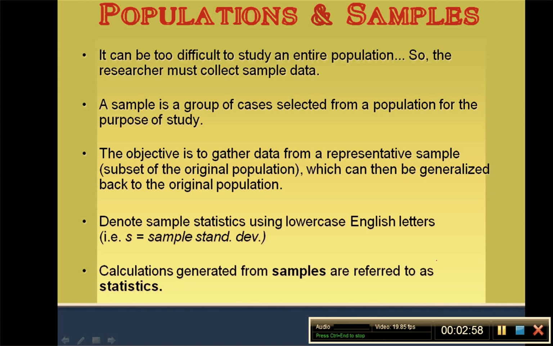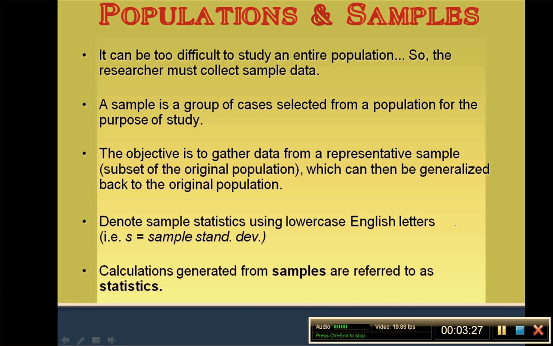Our objective is to gather data from a representative sample. This is the one that is very important. And of course, we want it to be a subset of the original population, but be careful, because a subset is not necessarily representative. A representative sample has the same proportions. Let's say you have twice as many girls as boys.